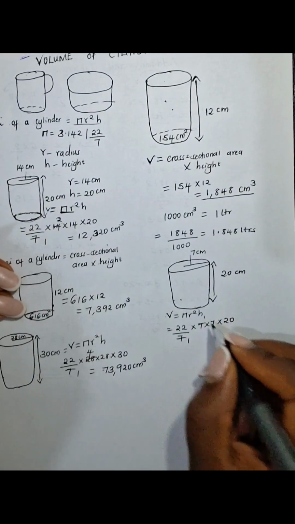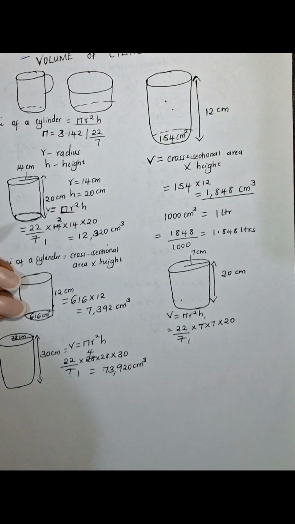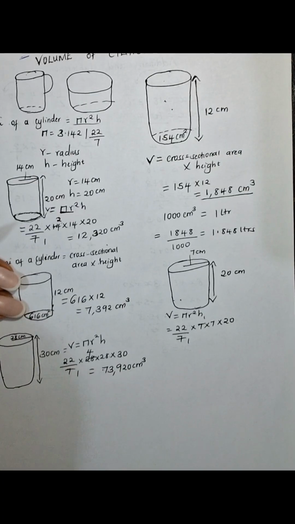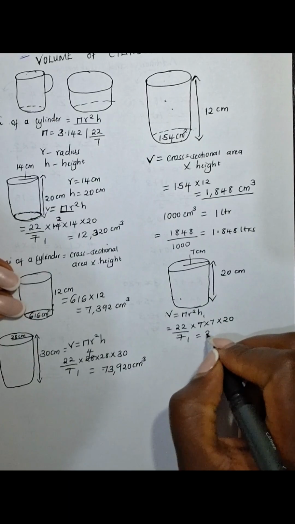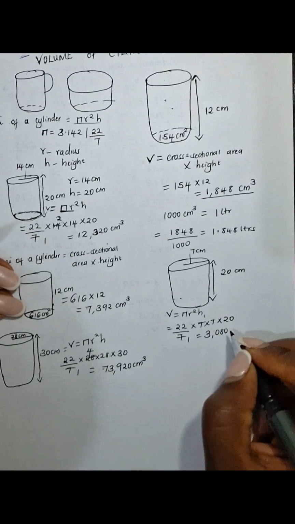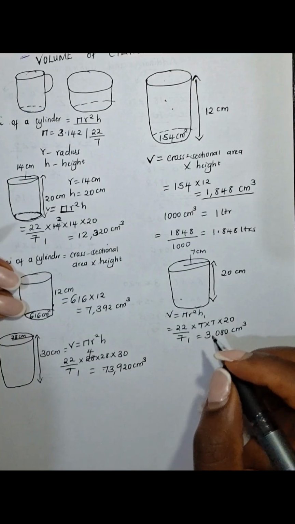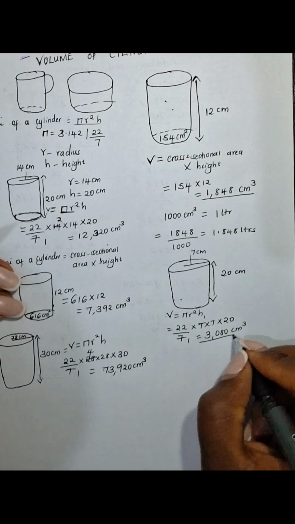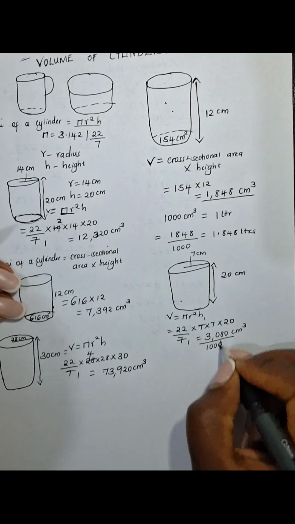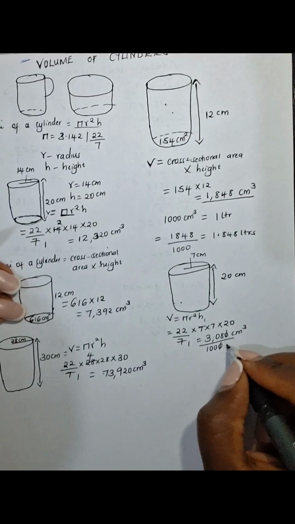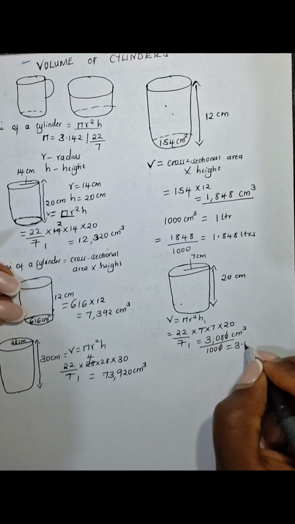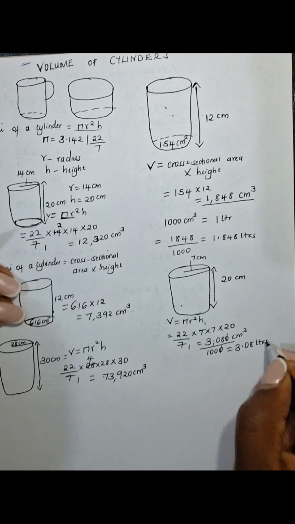So by 7, 1, by 7, 1. Then in your calculator, type 22. You multiply by 7. Then you multiply by 20 to give you 3,080 centimeters cubic. But you're supposed to find the amount of liquid that it can hold. So you just divide by 1,000, then to 2 decimal places to get 3.08 liters. Okay?